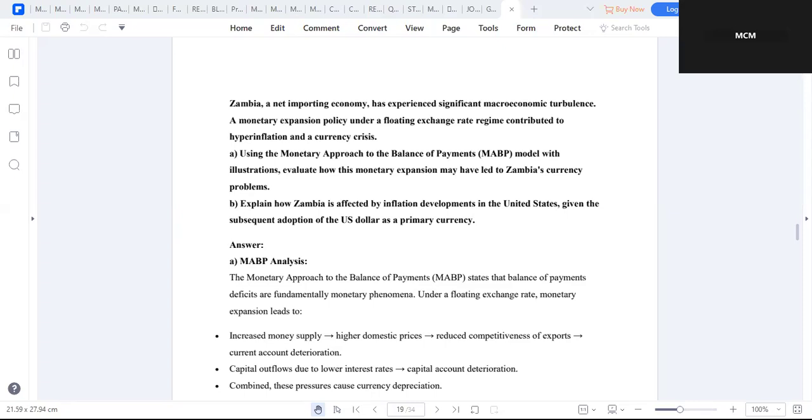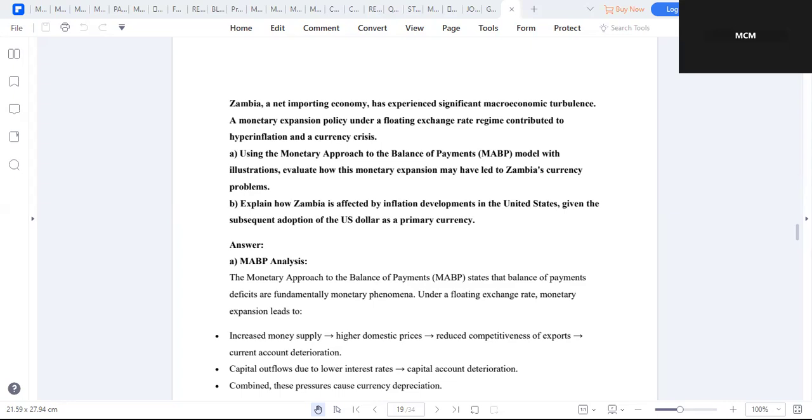So there's what we call the MAP, which is a monetary approach to balance of payment. It is a model which simply views the balance of payment problems as a monetary phenomenon, which is actually caused by a mismatch which occurs between the money supply and the money demand. So when you have a situation where money supply is excess, means that we have so much money in the economy.